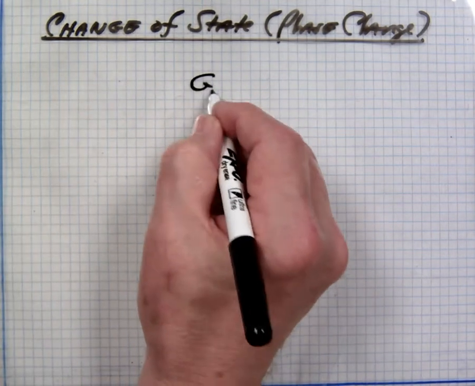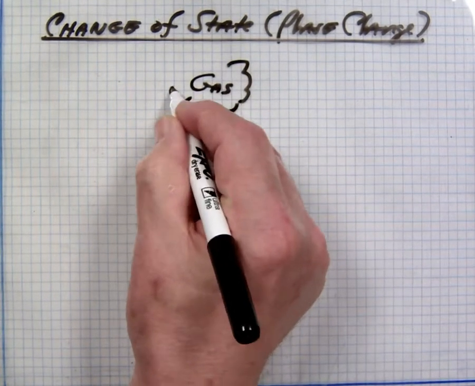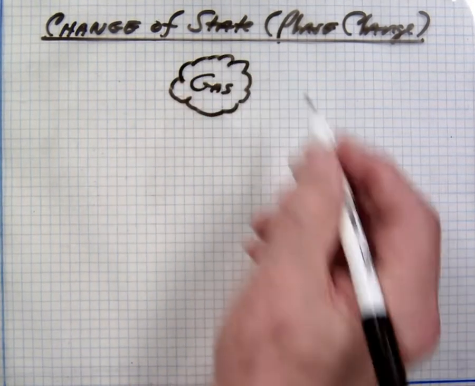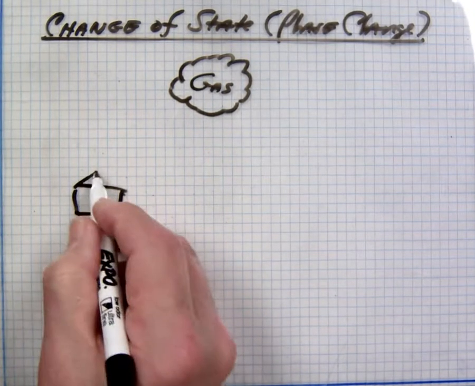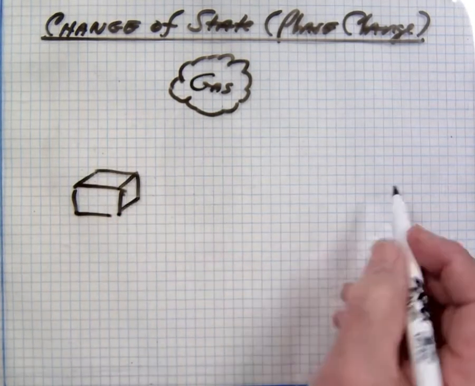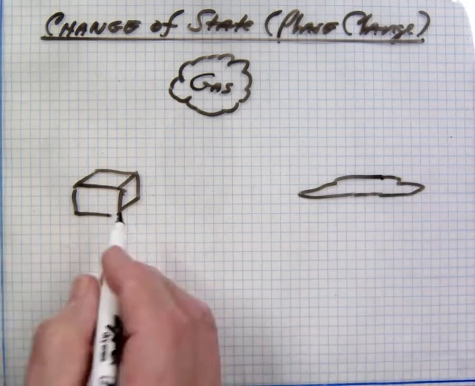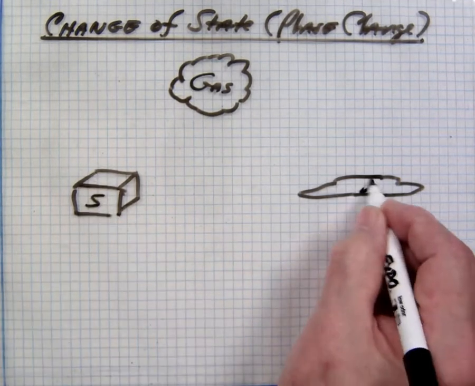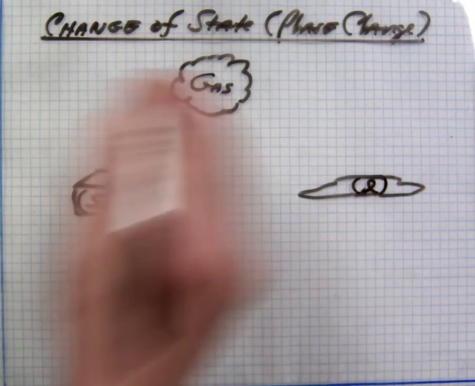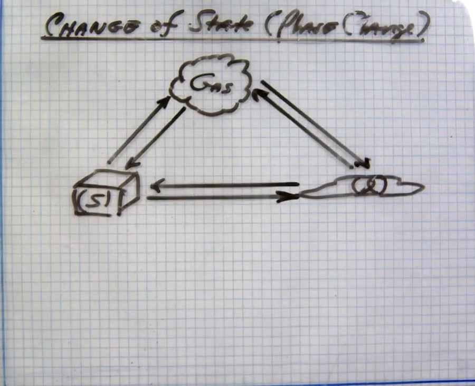Here I put gases as a cloud up here, and then I have a solid over here, and a little puddle over here of a liquid. So we have a solid, a liquid, and of course the gas. The terminology is probably going to be very familiar to you.